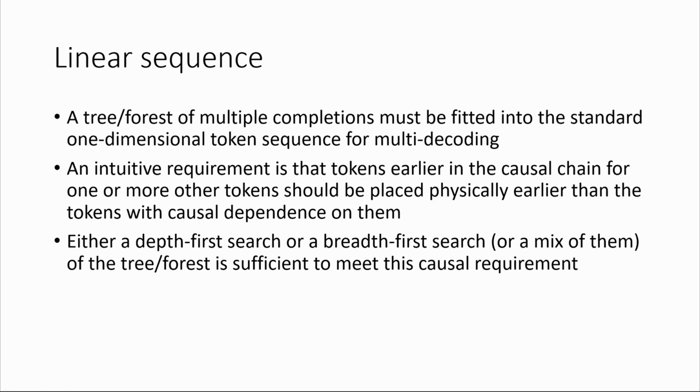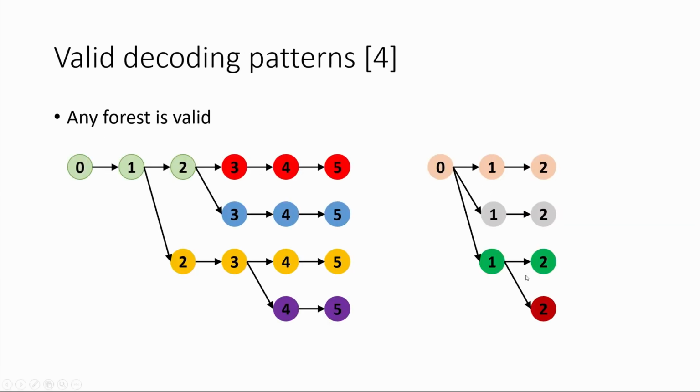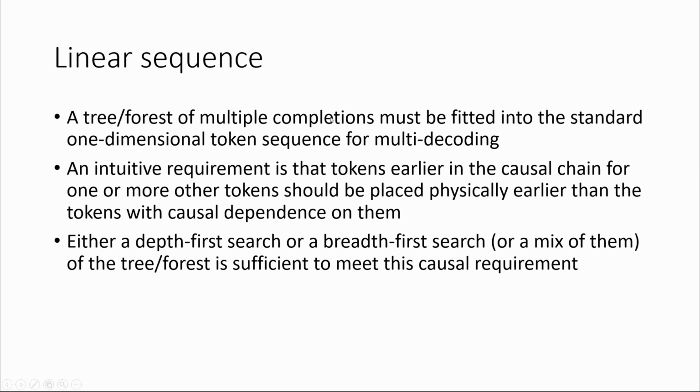So ultimately, if I had something like this forest, I need to pack it into an array. I need to pack it into a single linear sequence. How do I do that? So if I have a tree or forest, again, the requirement is we just have to preserve the causal chain, and it's not 100% required at the very beginning, but that thing I showed you with shuffling the tokens, there's no reason to shuffle the tokens. That's just a nuisance.